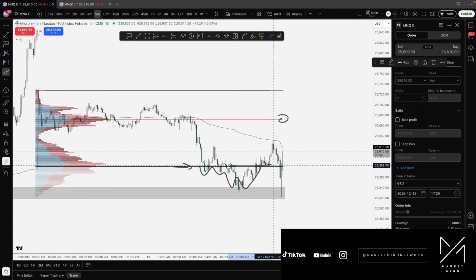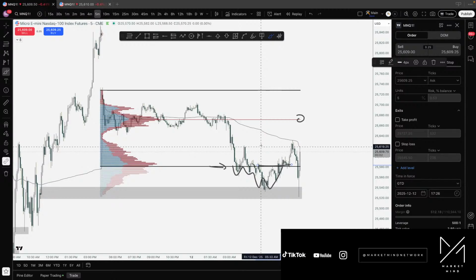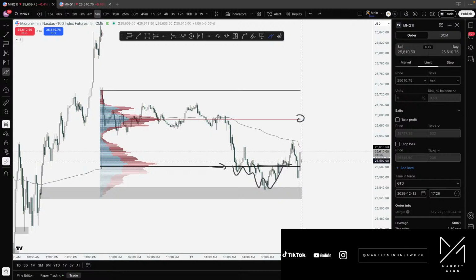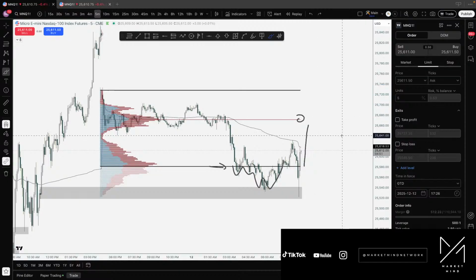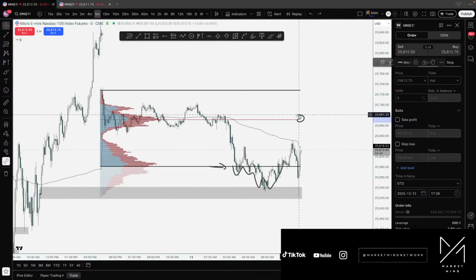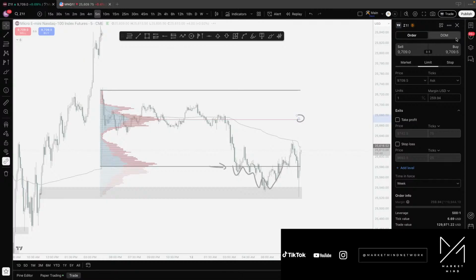Now, most likely, in theory, this should go. It's trying to get to this. So a lot of people just trade that. They'll just take this portion from here to here, because they know it goes back to the point of control. That's where most of the orders are.